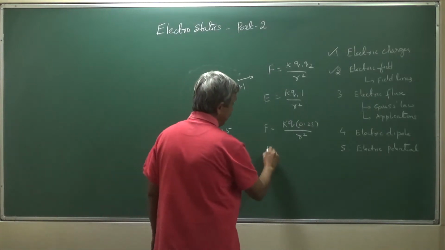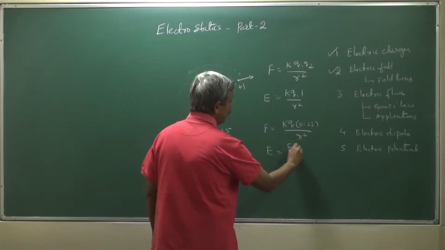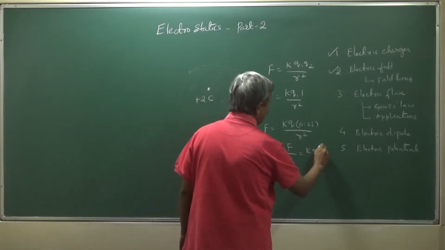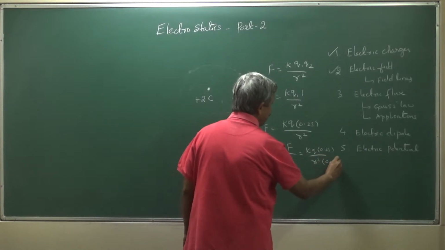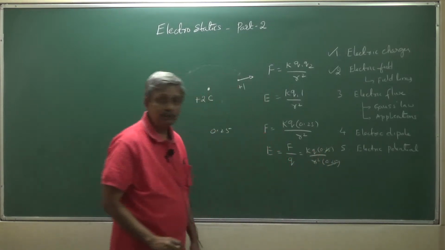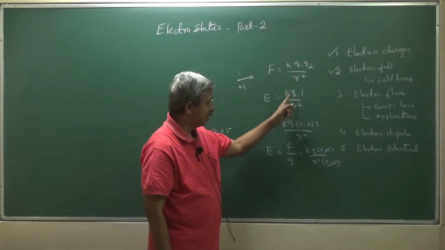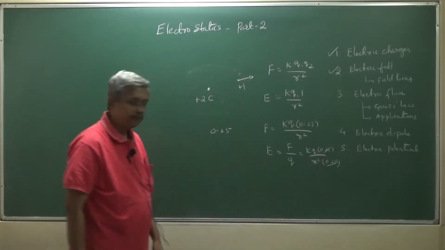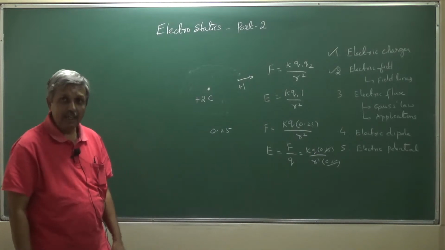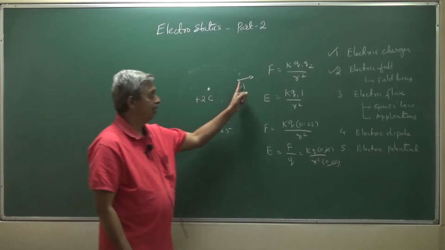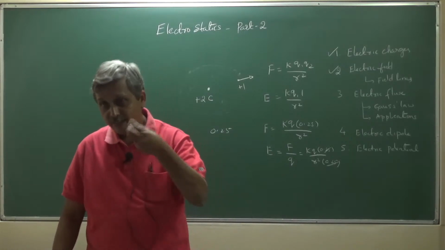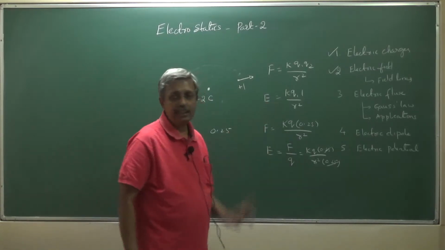So electric field is equal to F divided by Q, which is K into Q into 0.25 by R square divided by 0.25, and this cancels. So this also comes as KQ by R square. Either you put 1 unit as the charge, or put anything you want, calculate the force and divide it by that charge. Then you will get the electric field.